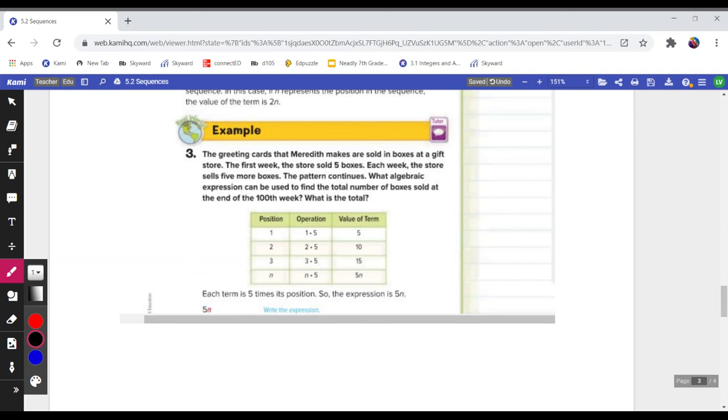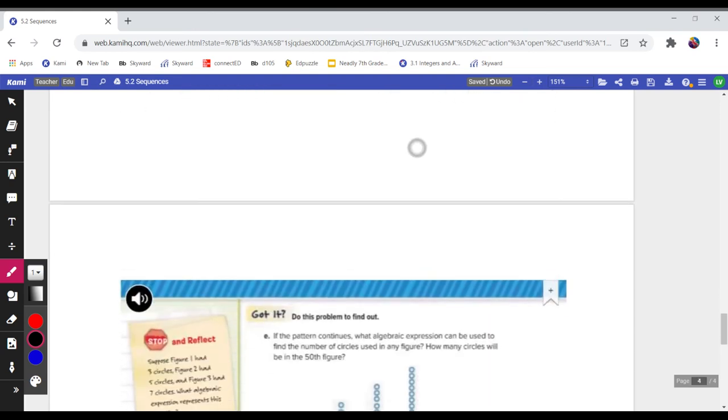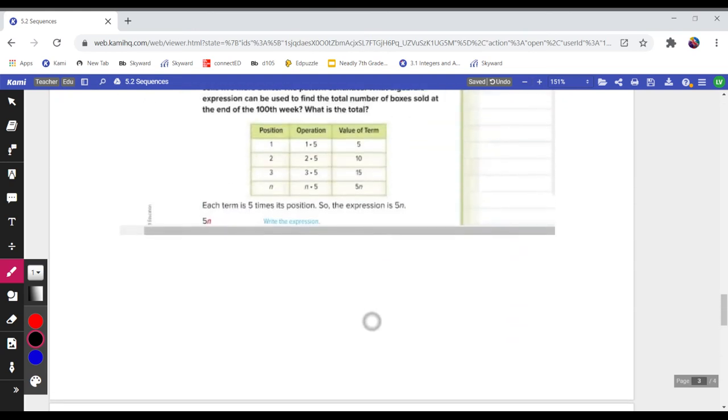Now, in order to find the number of boxes sold at the end of the 100th week, and I apologize, it cut off a little bit, but that's okay, we are going to replace n with 100. So instead of it being 5n, it's going to be 5 times 100. 5 times 100 equals 500.